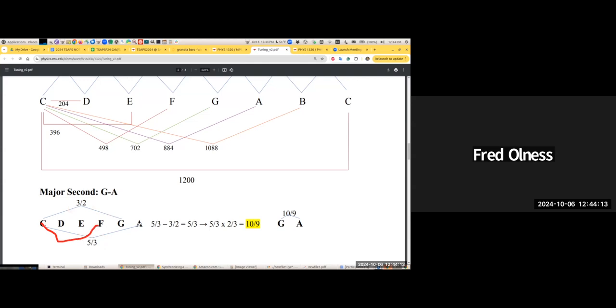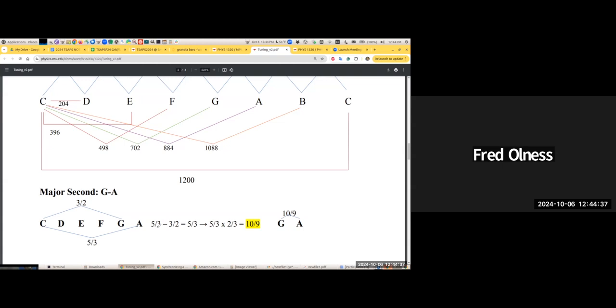They went C to F, that's a 4-3, and then they used the 5-3 third. So this 5-3 actually comes from a 5-4 and a 4-3. And then putting those together, you have 5-3 and then 3-2. This minus, you should think of that as a divide.